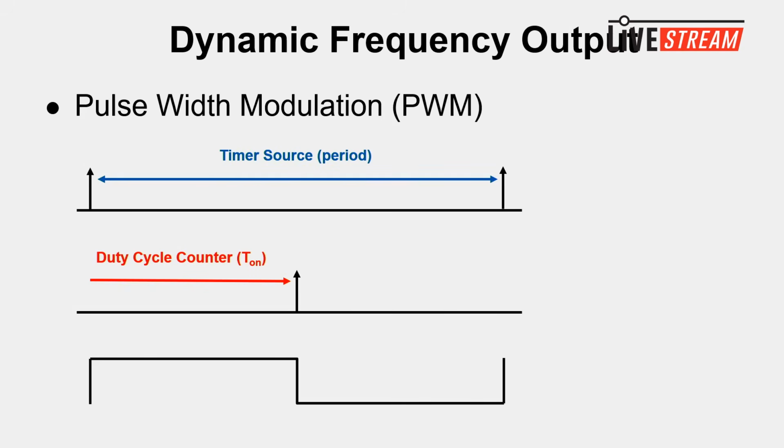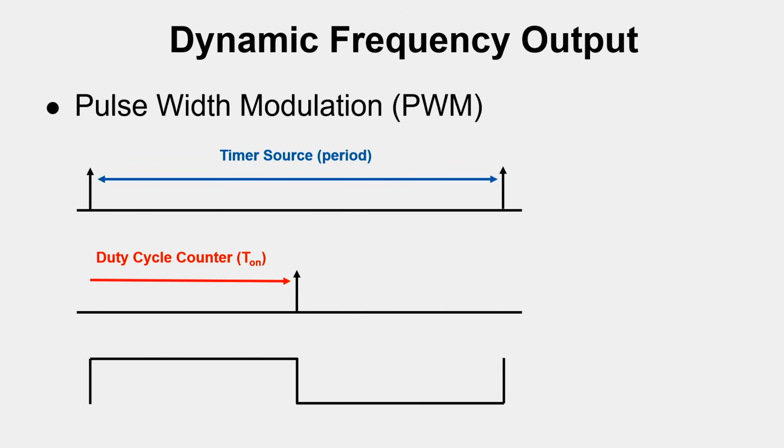So let's talk a bit about the numerically controlled oscillator and why do I care this thing exists? As you mentioned, it's essentially a PWM, so let's take a look at the PWM first. PWM is pulse-width modulation, where you have two things you need to care about. One is your timer source, which your PWM uses as its input source, and the timer determines the period of your PWM.